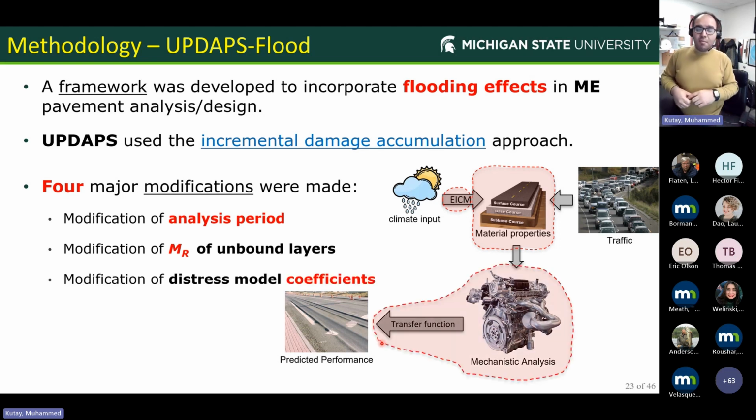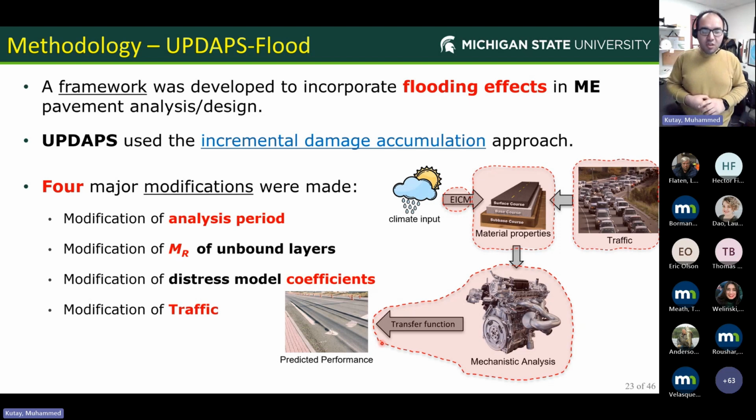Due to the flooding, the behavior of the saturated unbound materials can change, and we incorporate that by changing the coefficient of the rutting model, for example. It can account for the accelerated accumulation of damage. And then the last one is the modification in the traffic. So let's dig more into these four modification types.